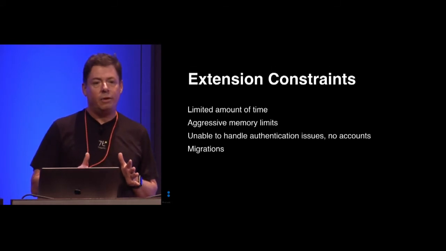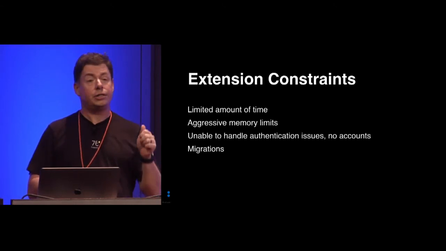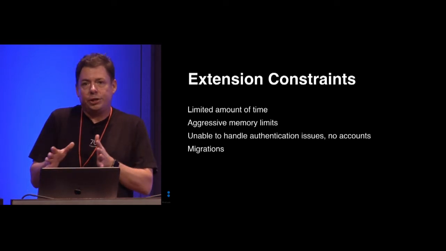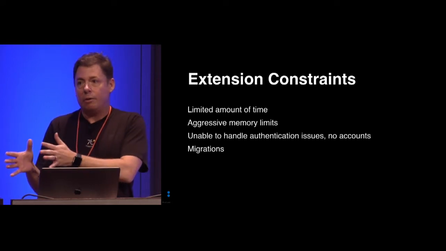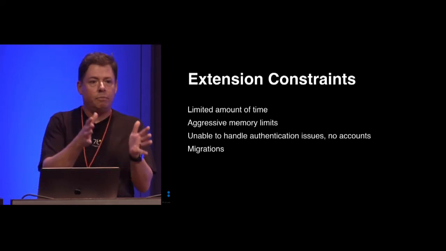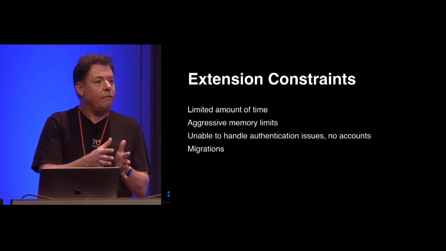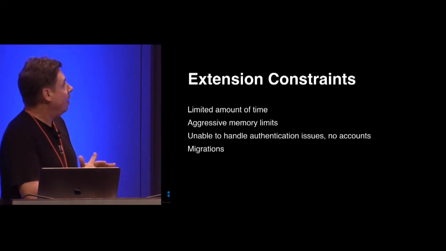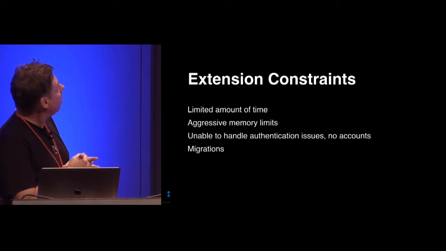For instance, we found that when working on the content extension, and we worked on implementing the notification service extension, the service extension is the one where the system wakes you up when a push is received before it gets shown to the user. So it allows you to go out, download additional data, mutate the notification, change what it's going to appear. And we found that you get about 5 megabytes of memory available before the system will kill you. So that's very, very low. And you also have very little time to do your work.